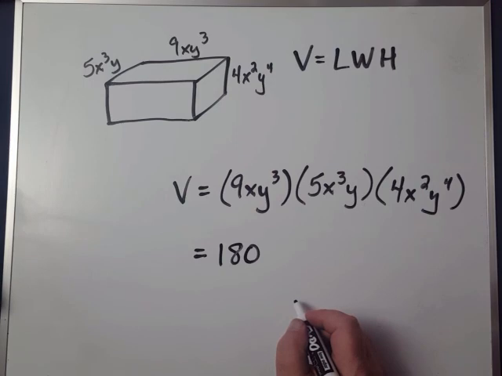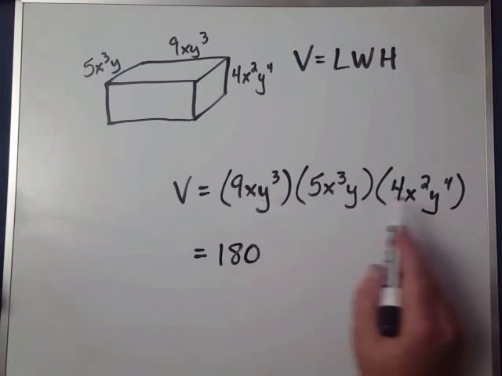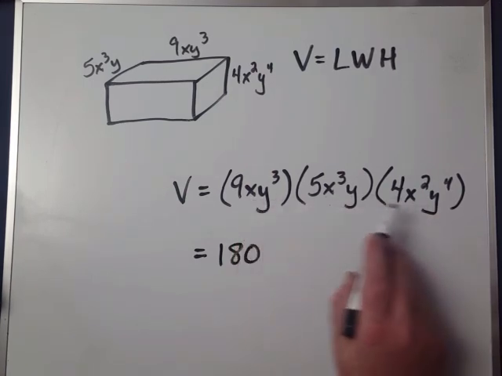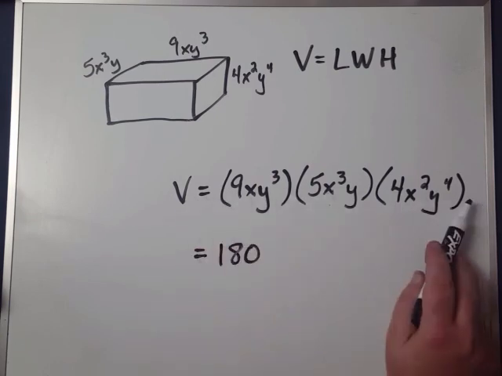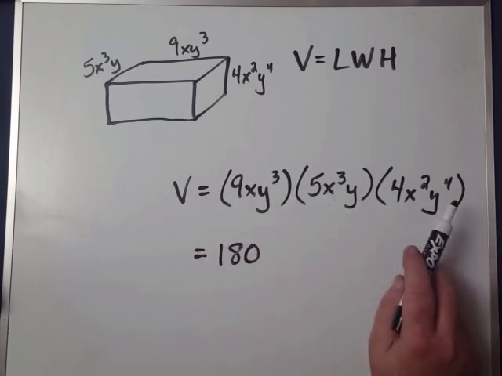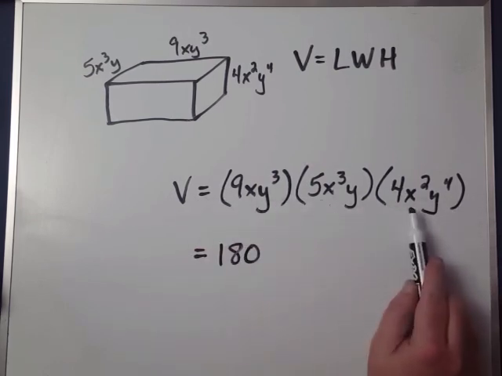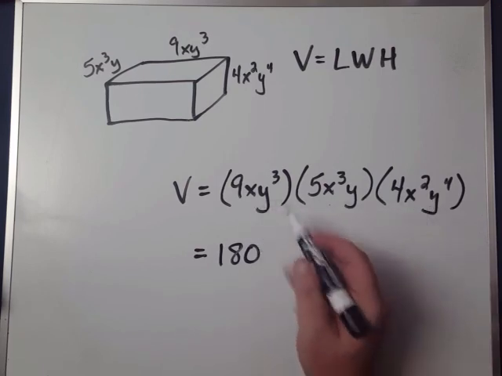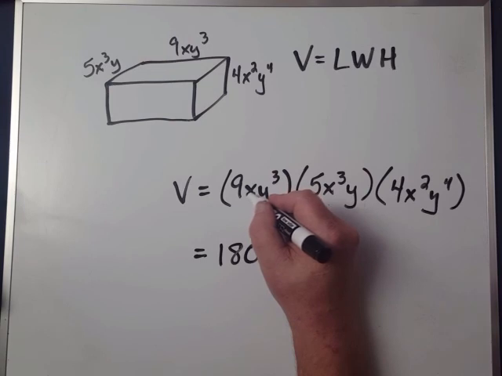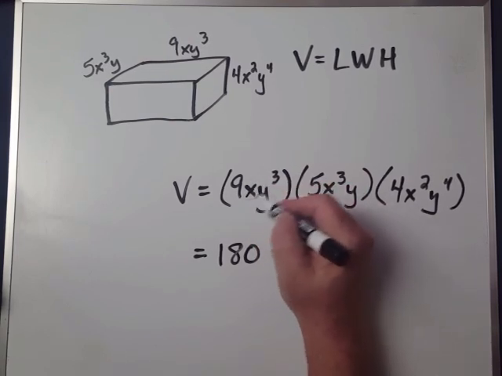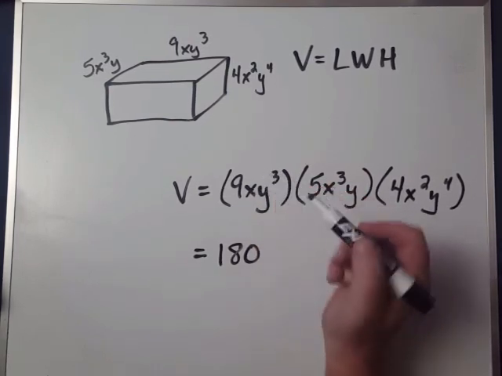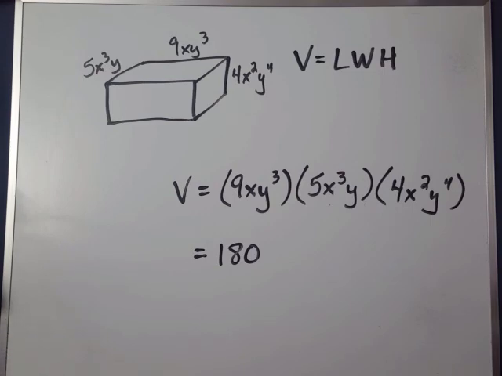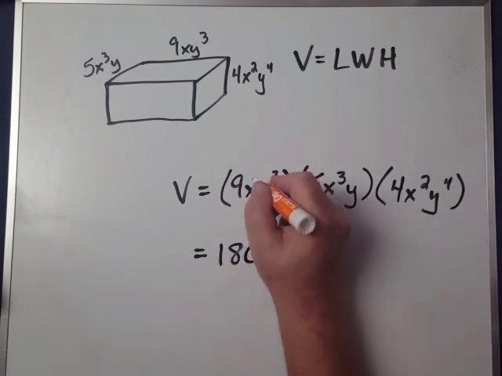Now let's gather up the x's. This is a product of like bases, so I'm going to add the exponents. Remember, I've dropped the parentheses, at least mentally. So I'm going to gather my x's together. Product of like bases, add the exponents. This x is being raised to what power? This x by itself has what power on it that you cannot see? That's x to the first power.